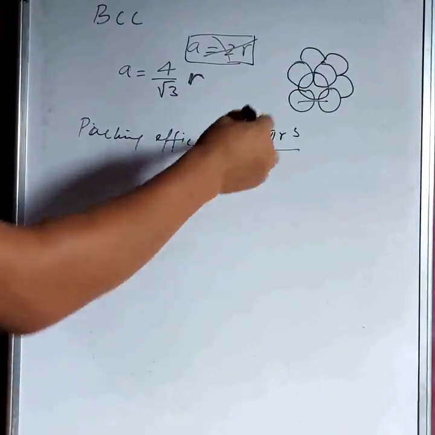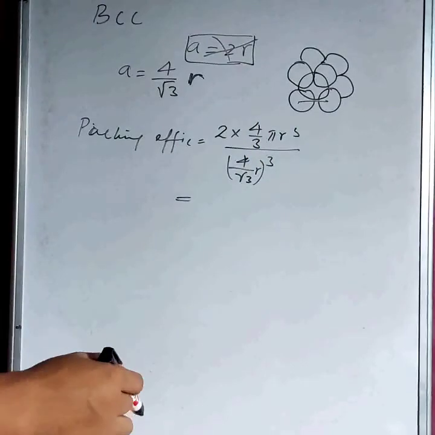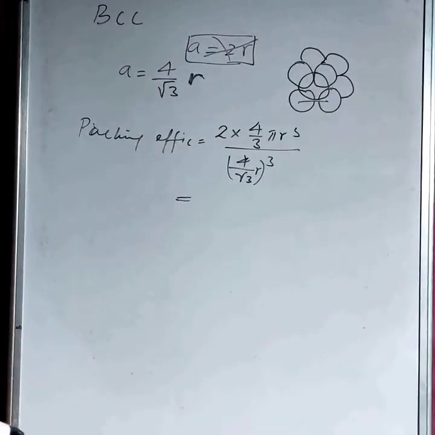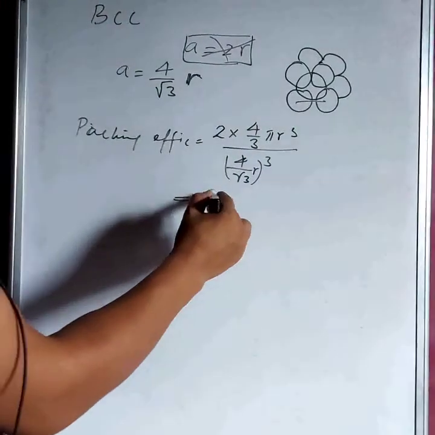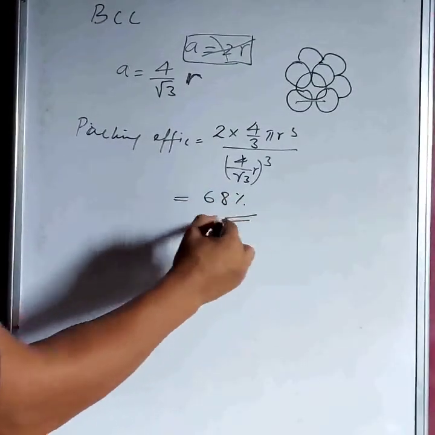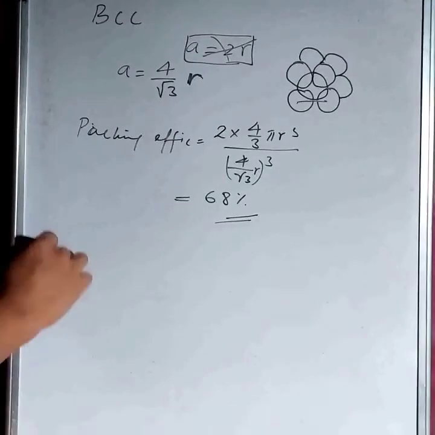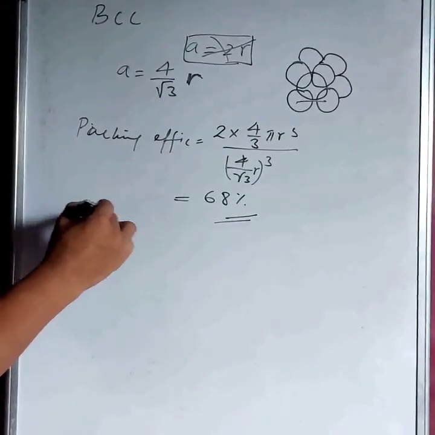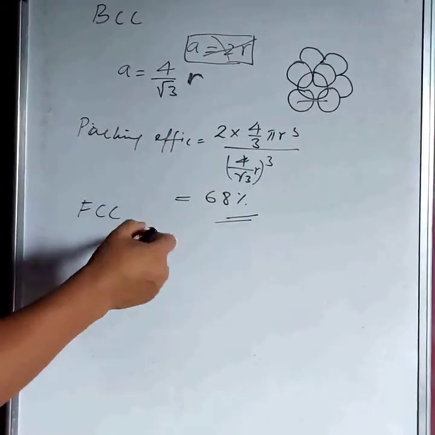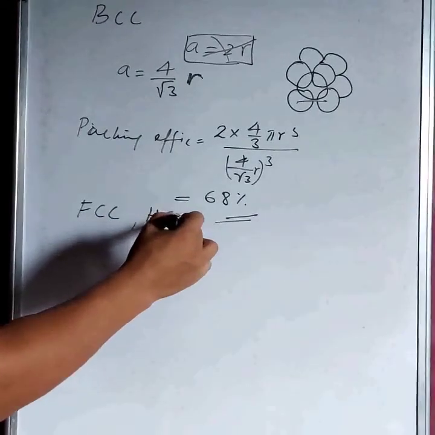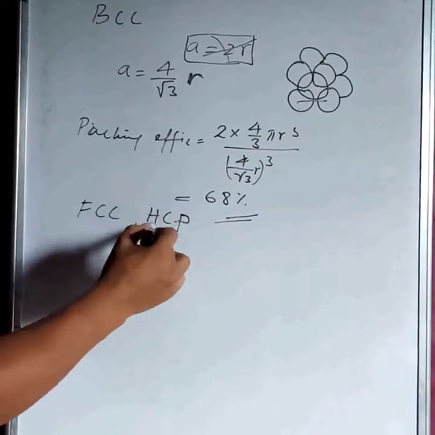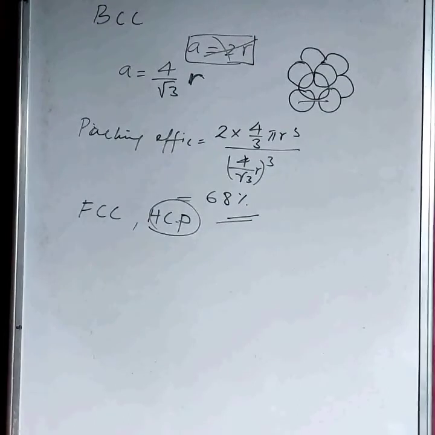If you calculate and simplify, you'll arrive at 68%, the packing efficiency. Now you can try for face-centered in a similar way, and then for the hexagonal close packing system. This is a bit tricky. If you have difficulty in solving, you can leave a comment, or you have my number, so you can contact me.